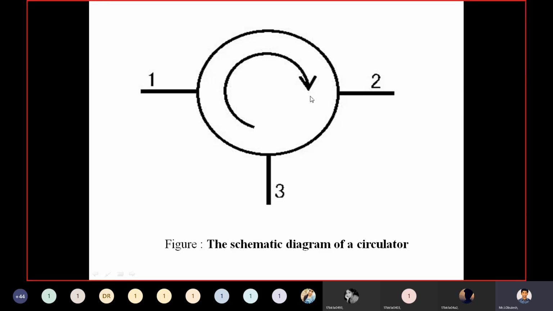When a signal is applied to one of the ports of this device, let us assume this is port A, this is port B, this is port C. If a signal is applied at port A and port B is well matched, then the applied signal will exit from port B with 0.4 decibel losses.